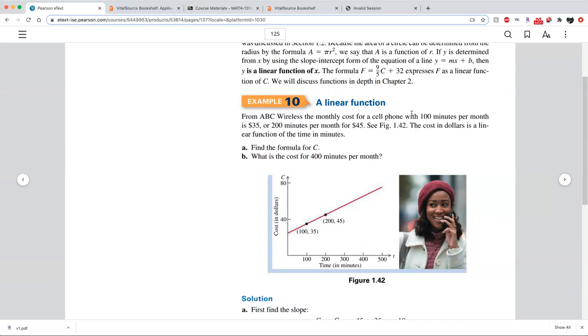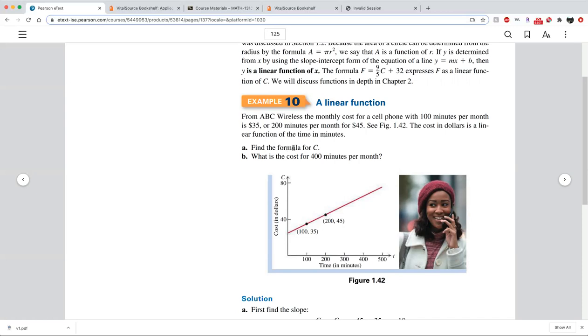So they made ordered pairs 100 comma 35, and 200 comma 45. Then represent those 2 points corresponding to those ordered pairs on the Cartesian coordinate system. Then you got this, and connecting the 2 points, you got that line. So the cost in dollars is a linear function of the time in minutes.